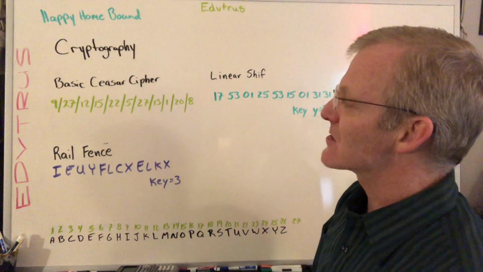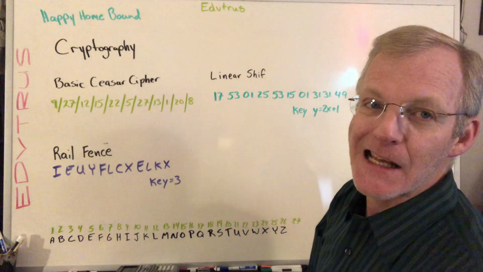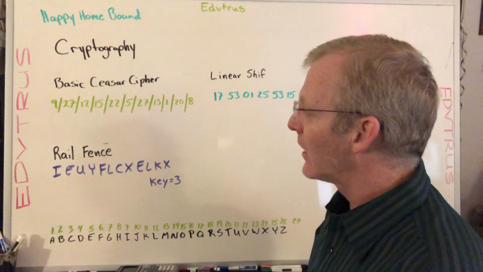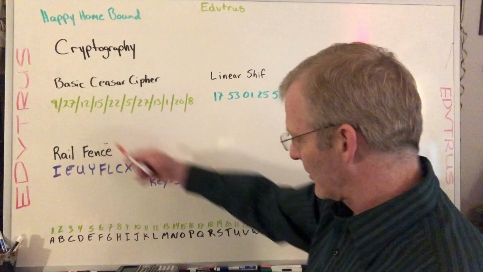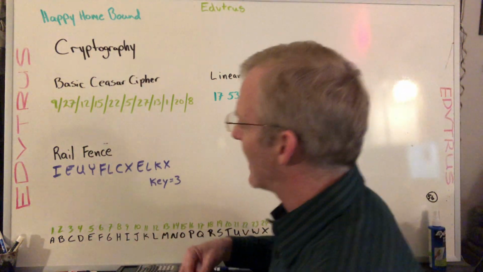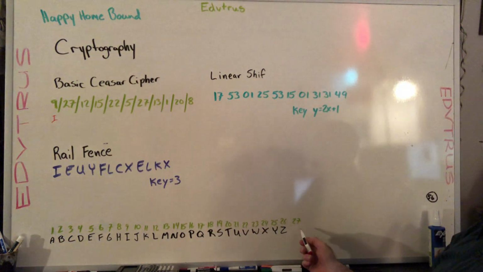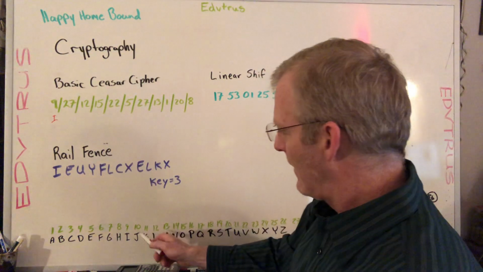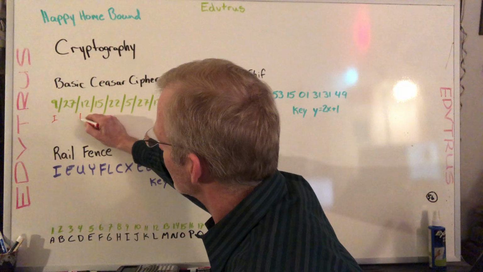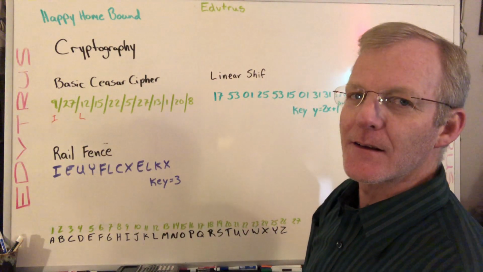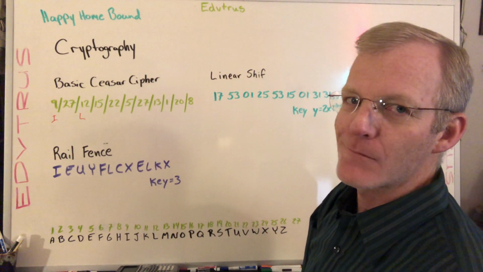So with the basic Caesar cipher here, we've just simply assigned every number a letter. So if we go down here, we look at 9. 9 is an I. 27 we decided was a blank, so blank. 12 is an L. What do you think it's going to say? This is Mr. Manning we're talking about here.